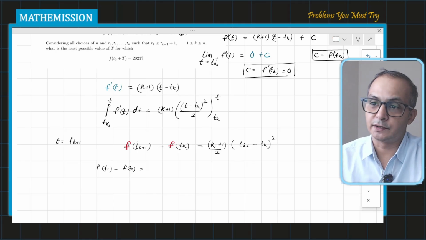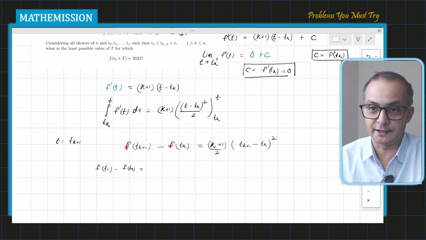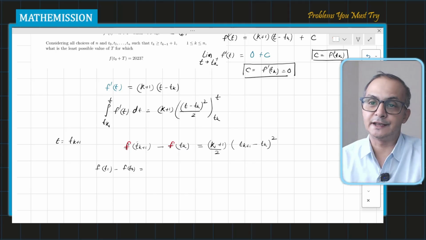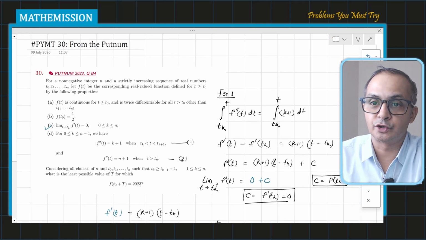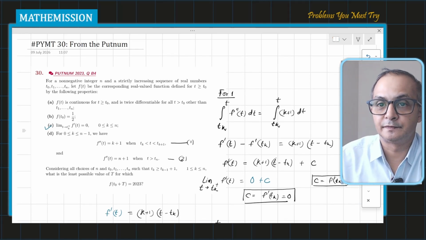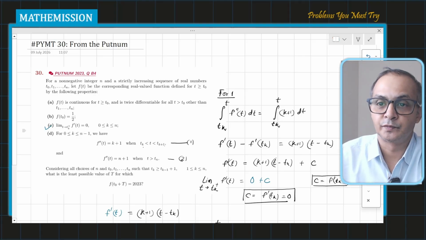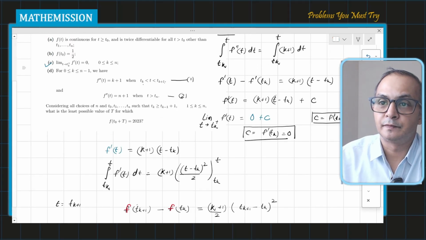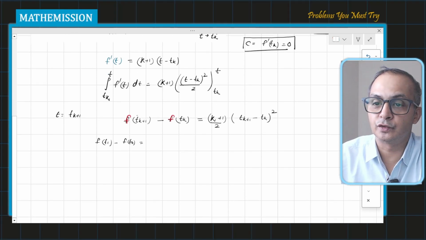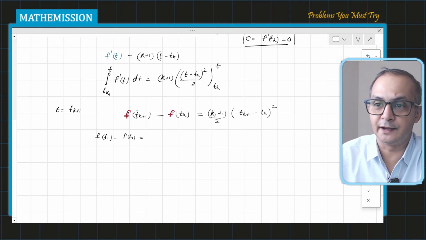If you add them up, you will get the first term and the last term, because k is going from 0 to n minus 1, since I need tk to tk plus 1. So taking 0 to n minus 1 gives you 0 to n.